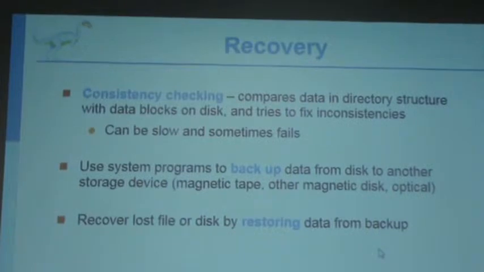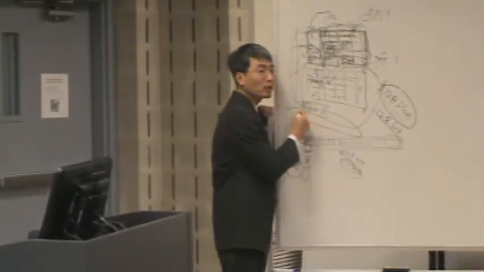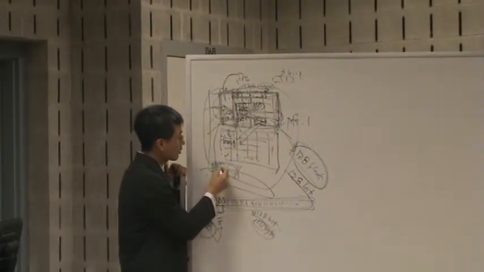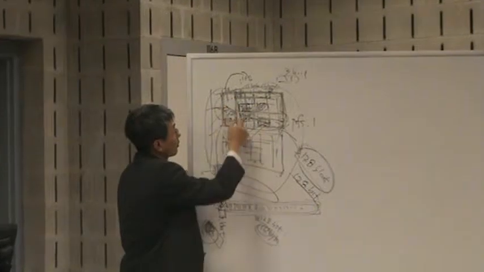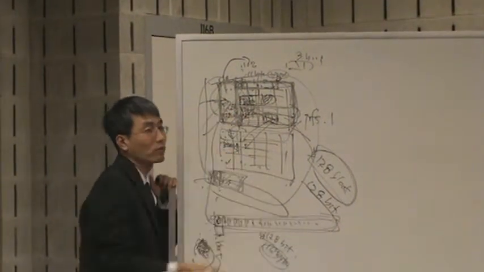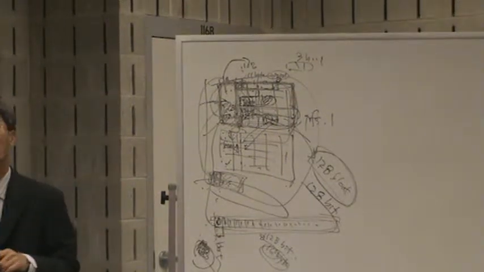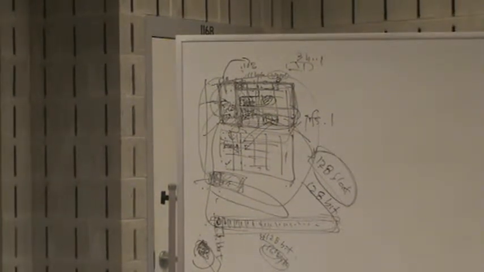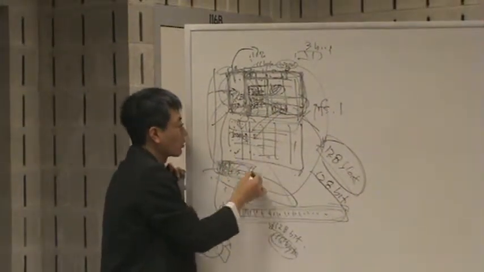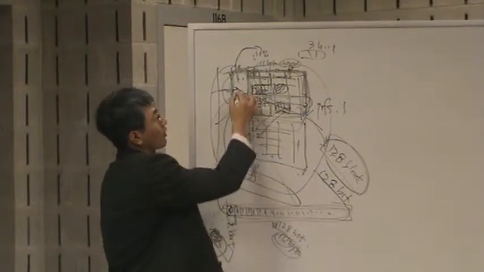Then recovery. What if? Sometimes we use the cached information in the memory area, and with asynchronous, the data blocks and the directory information are changed in memory but not applied to the hard disk drive. With the synchronous approach, it doesn't matter because it's synchronized, so even if the hard disk drive crashes or the power goes down, we may not lose such information.